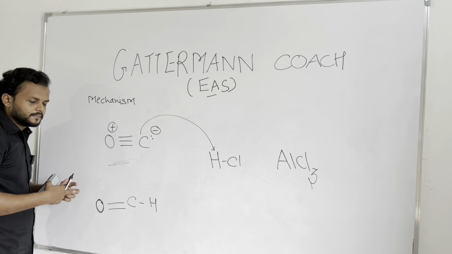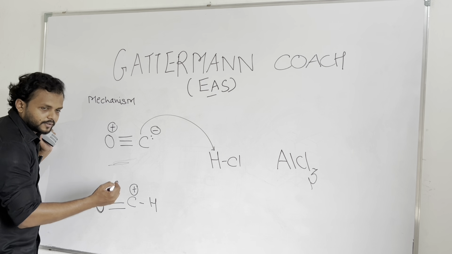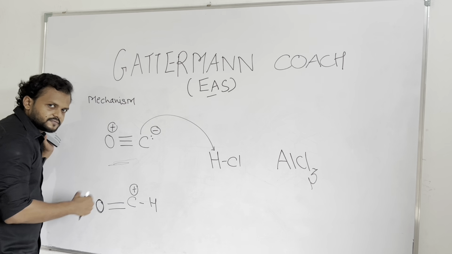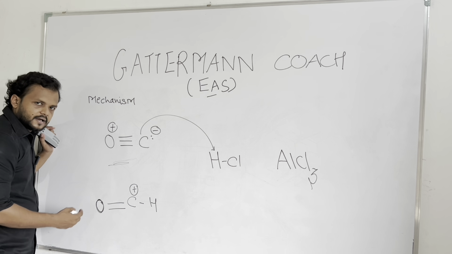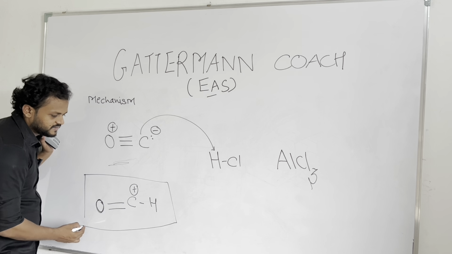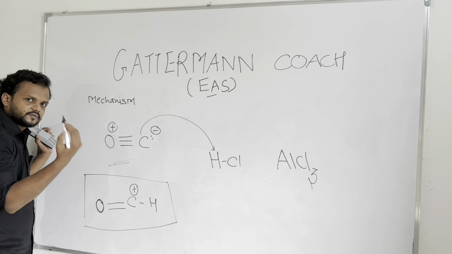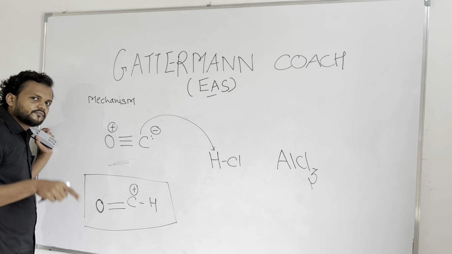At the same time, this carbon will be a positive carbocation, electron deficient, so this has now become an electrophile. This is the first step, in which we generate this CHO electrophile, and further we are going to add this on our aromatic ring and kick off a proton.